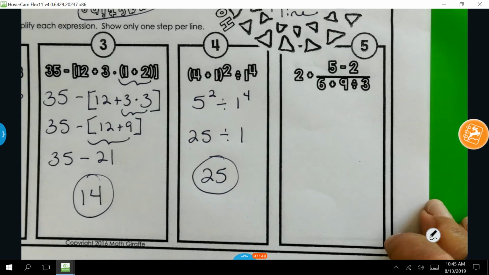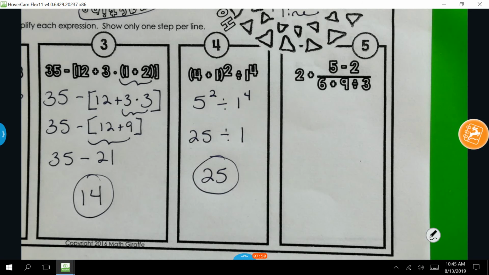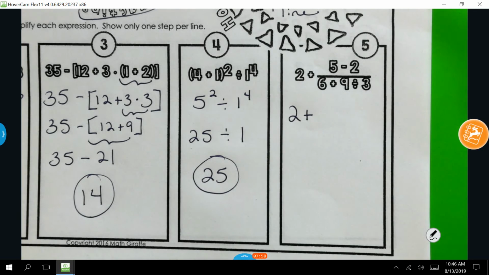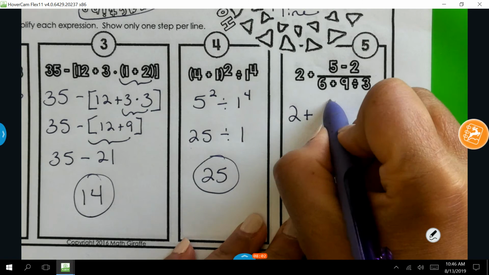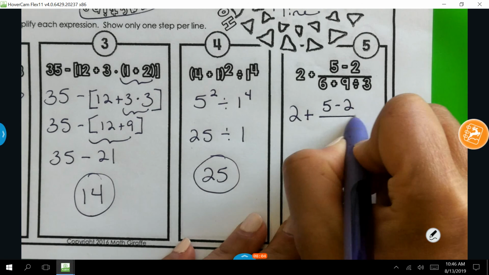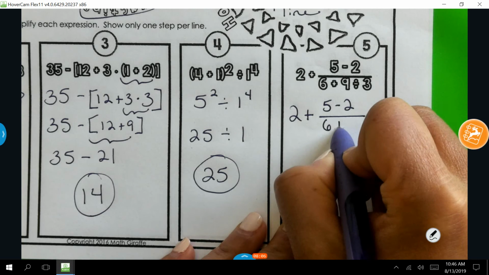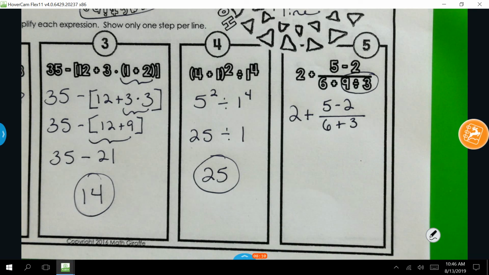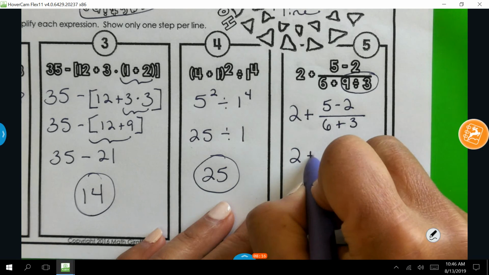Finally, this is more of the fraction bar that I was talking about when it comes to grouping symbols. You have to completely clear out the fraction before you can divide at the end. So 2 plus, what's the first thing we would do in that fraction? 9 divided by 3. So I'll just rewrite 5 minus 2, and then we have 6 plus 3. And since all we have left is subtraction and addition, we can just take care of that fraction now.